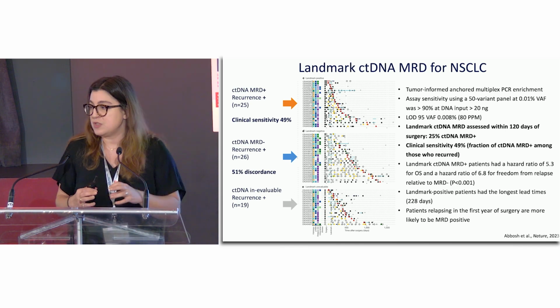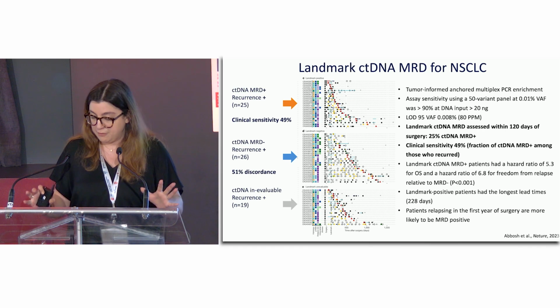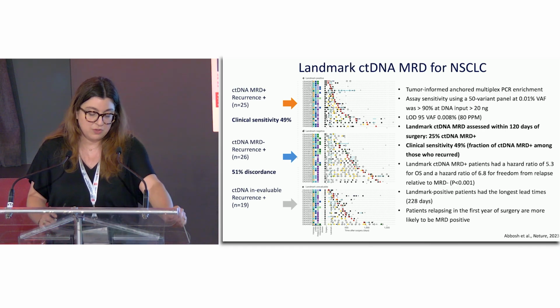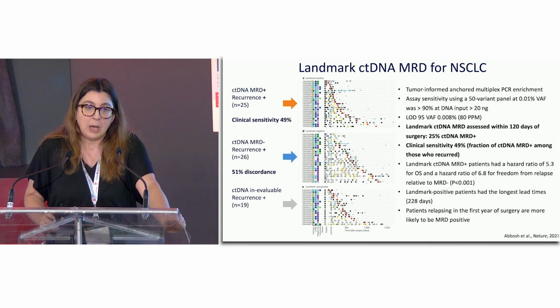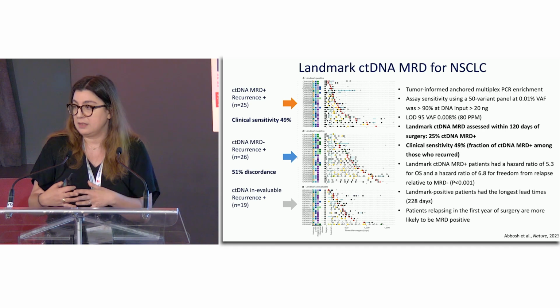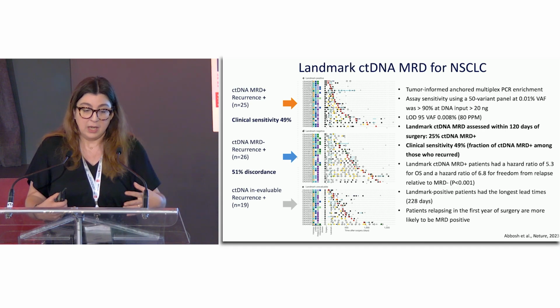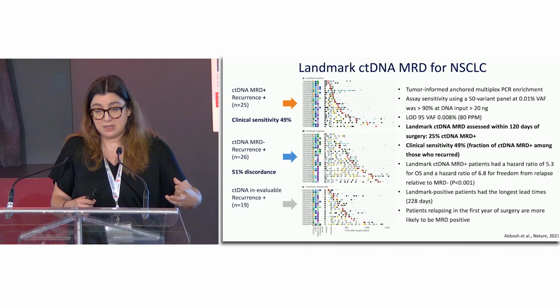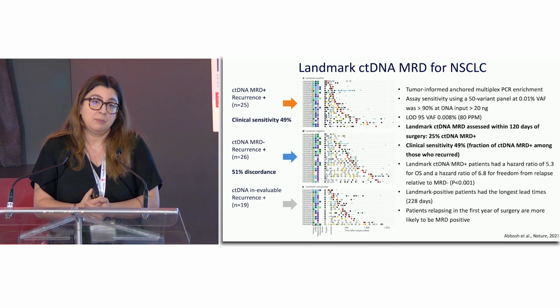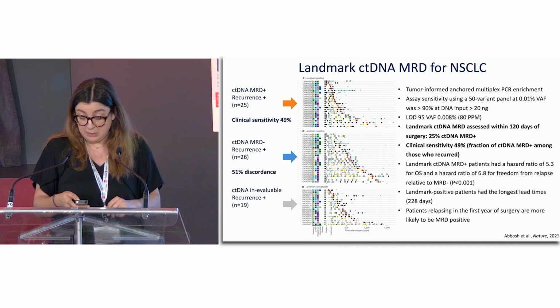Patients that were ctDNA MRD positive after definitive therapy, which was surgery in this setting, were the ones that had the most inferior outcomes. And ctDNA MRD preceded clinical disease recurrence by 7 months or so.